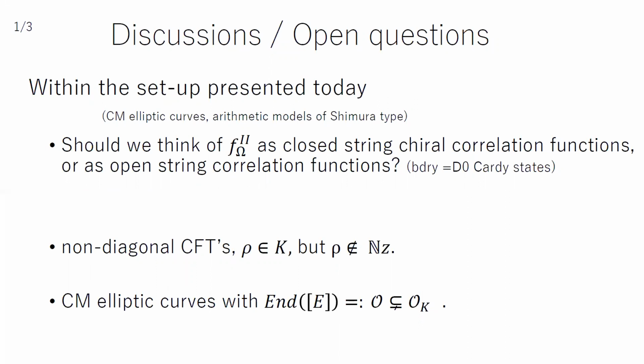First, a category of questions about still the same setup, where the target space is CM elliptic curves, and on the arithmetic side, we restrict our attention to the arithmetic models of Shimura type.